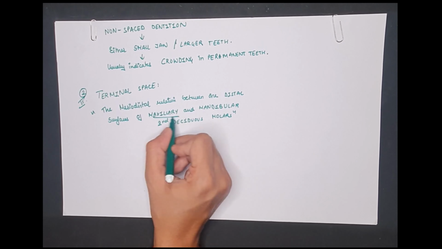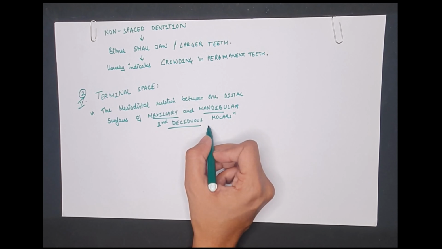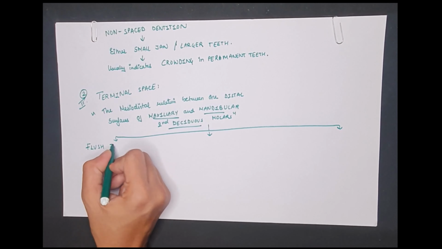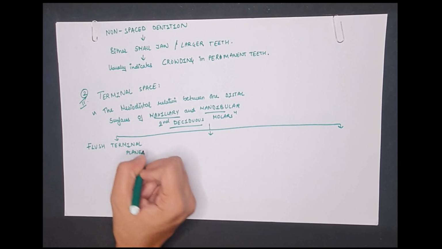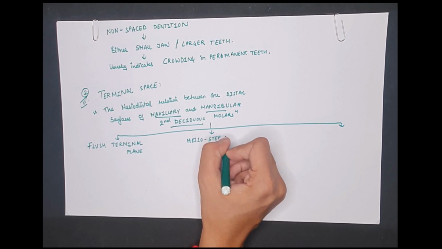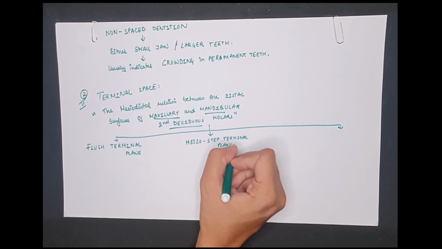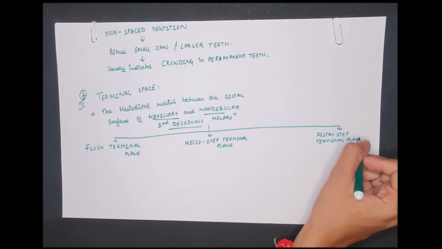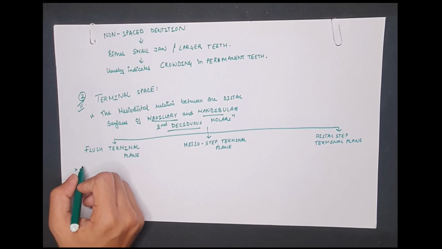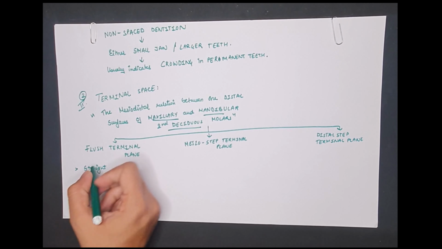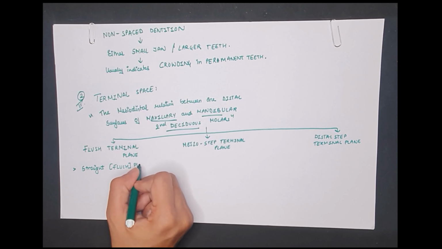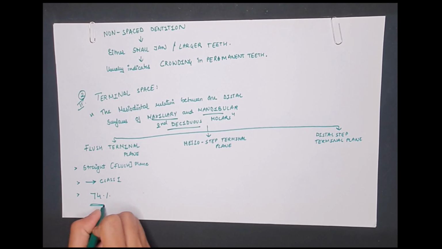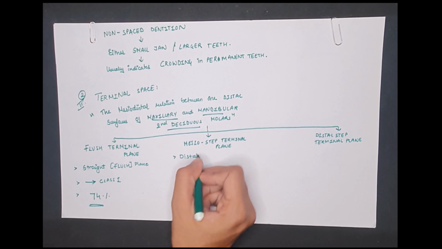There are three types of terminal planes: the first one is the flush terminal plane, the second one is the mesial step terminal plane, and the third one is the distal step terminal plane. Let's discuss the flush terminal plane. The distal surfaces of the deciduous second maxillary and mandibular molars are in a straight plane, that is flush, and therefore situated on the same vertical plane. This usually develops into class 1 in 74%.